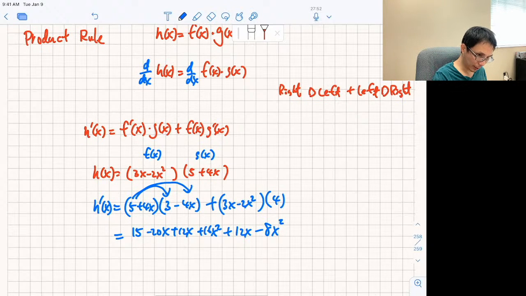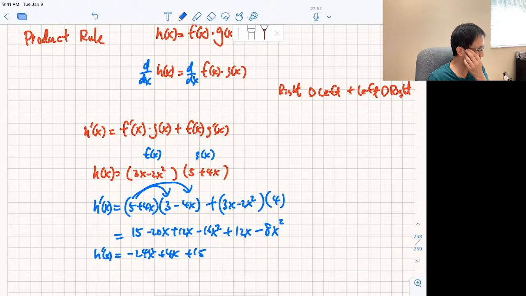Hold on a second. This is minus. I don't know why I keep making mistakes today. So that's equal to minus 24x squared plus 4x plus 15. And that will be my h prime of x. And basically you just do the math after that. Only one line, which is calculus right here.